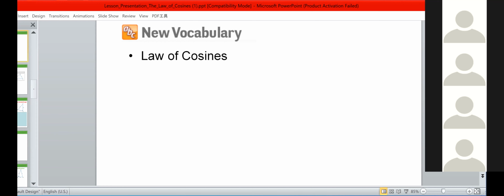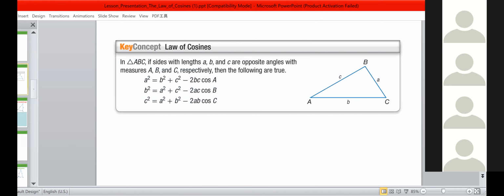The first 3 rules we use when we need to find the side length. If we need to find the side length, we will use 3 laws. These are the 3 rules. Let's read with me.